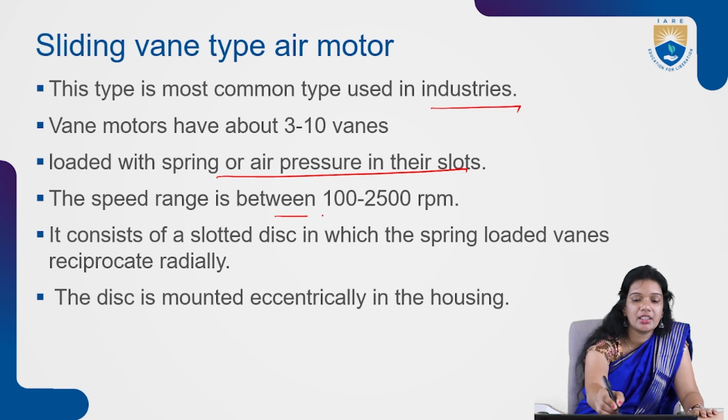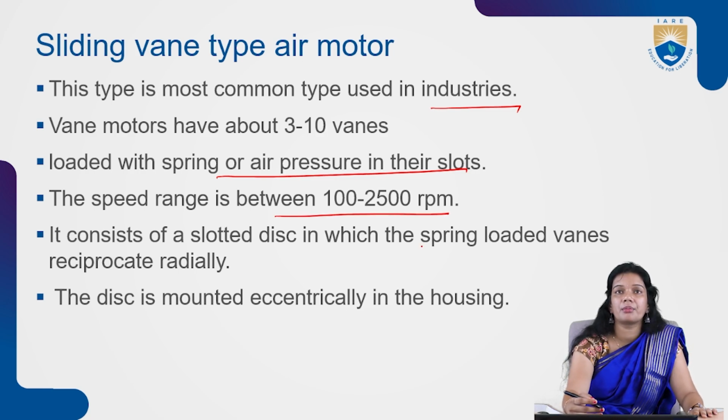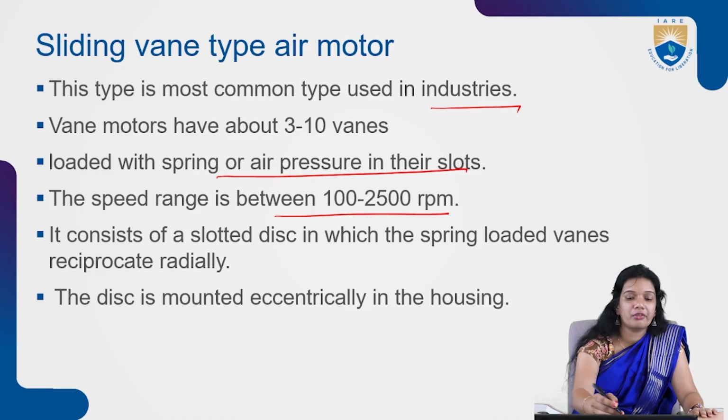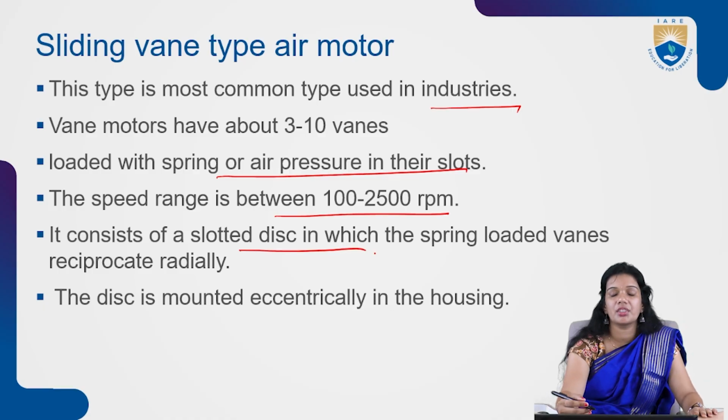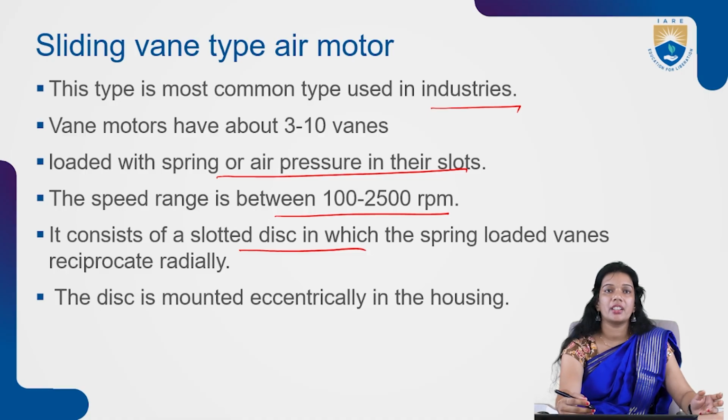The speed range is between 100 and 2500 rpm. It consists of a slotted disc in which the spring-loaded vanes reciprocate radially, and it is mounted eccentrically in the housing.